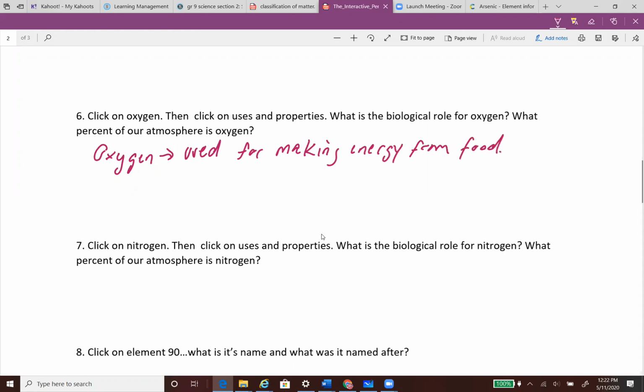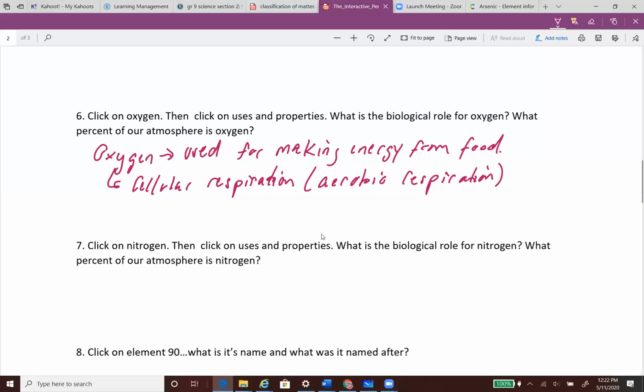When we eat, oxygen helps convert the food into energy. It's a process called cellular respiration. To be more specific, it's called aerobic respiration, where the term aerobic means oxygen is required, because it can actually be done without oxygen, but we can't do that. So for us, we need oxygen to get energy from food.